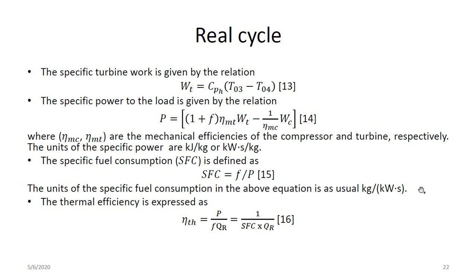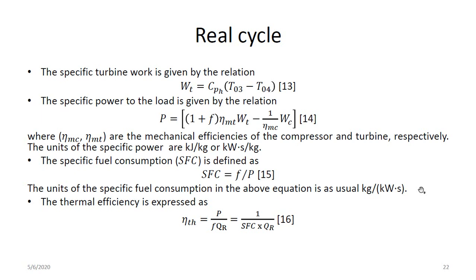Alright, then the specific work is similar to the one that we looked at, and the specific power to the load. So the specific power is like the net power. The power that has been generated in the turbine is used to drive the compressor.